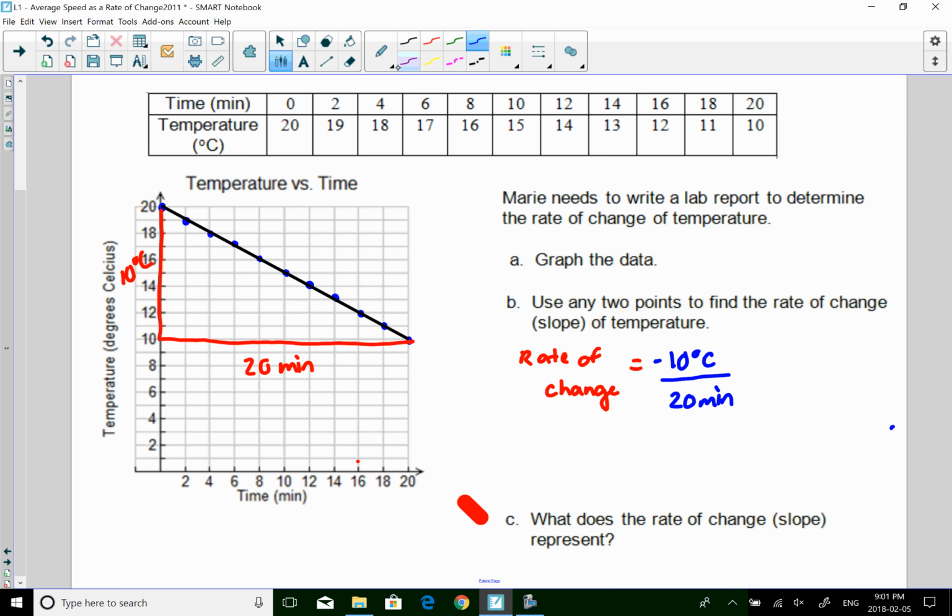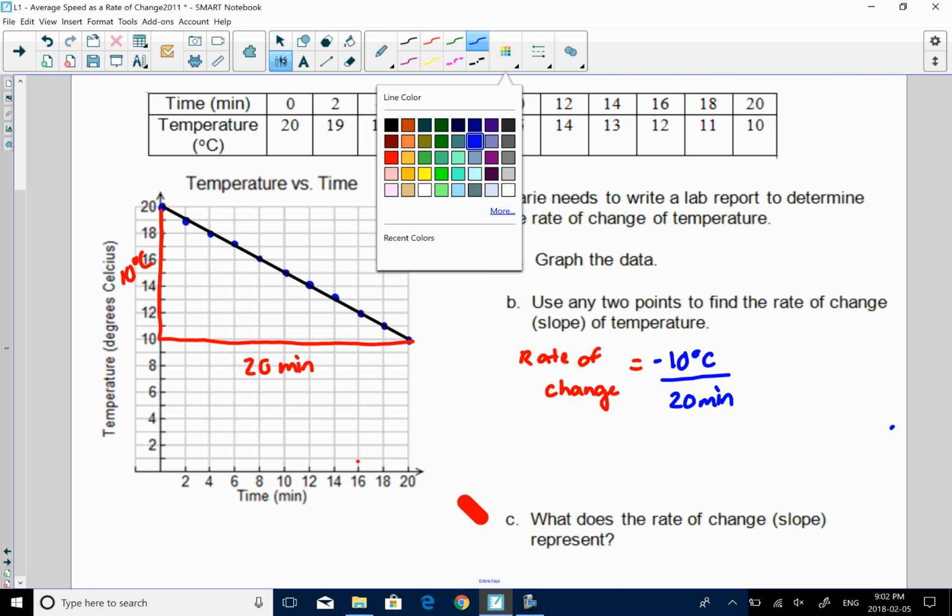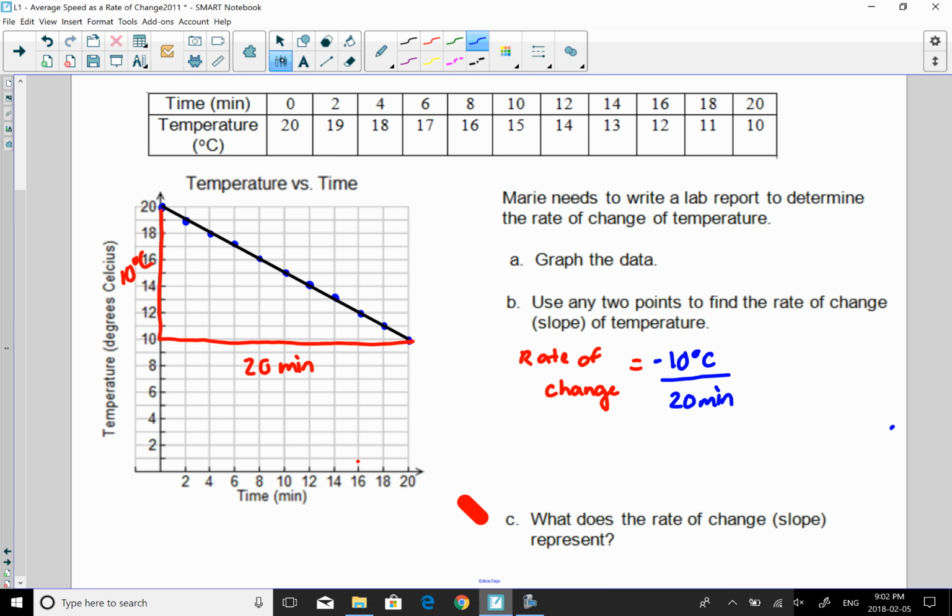Very important. Highlight that. So it's going down. That's why it's negative 10 degrees, which means my rate is minus 0.5 degrees Celsius per minute.